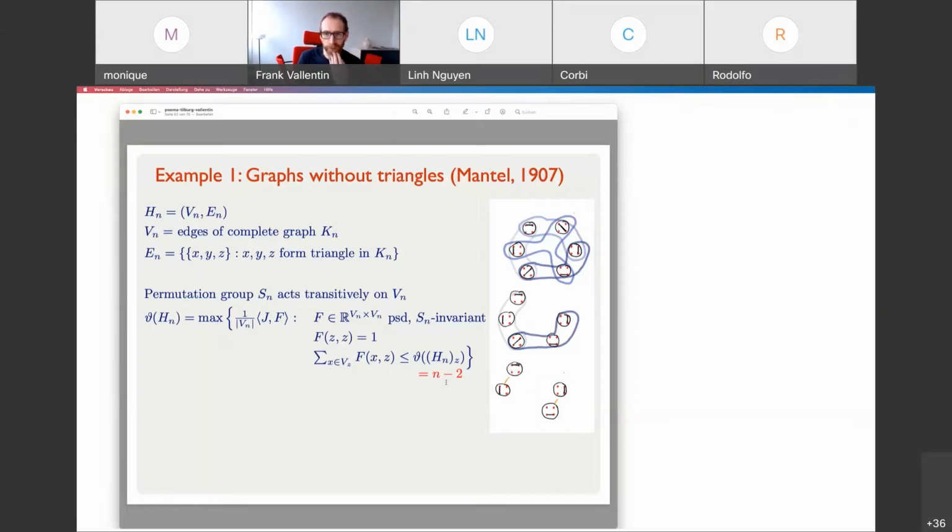So we know what the theta number of the link graph is, n minus 2, without doing any computations, just by easy theory about the theta number. It's a bipartite graph, and in a bipartite graph the theta number is equal to the independence number. All right, so we can compute this.